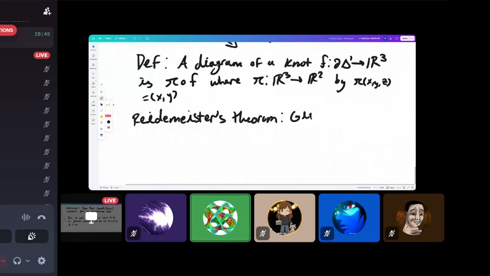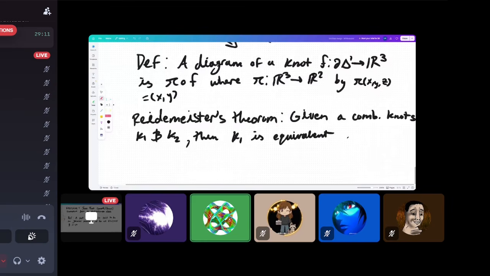So given two knots K1 and K2, then K1 is equivalent to K2. Sorry, I missed a condition.